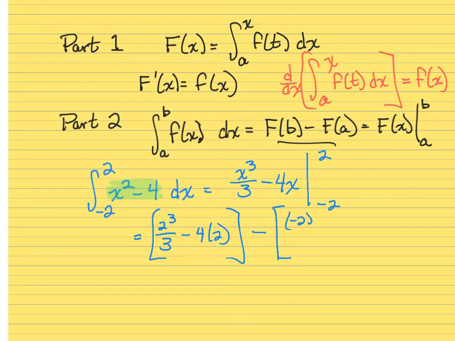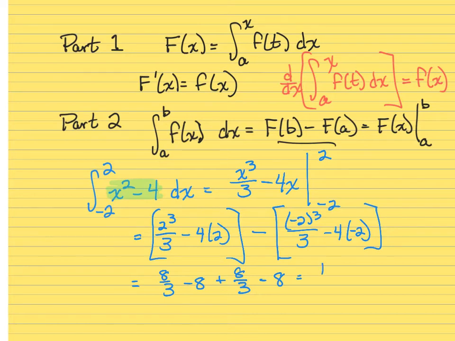Minus 2 cubed over 3 minus 4 times minus 2. Right? So I just need to work that out. 8 thirds minus 8. This will be a plus 8 thirds because it's a minus 8 thirds and then the minus distributes through. Minus 8, this turns into a negative, or sorry, back that up.